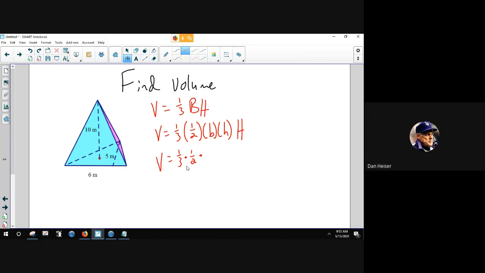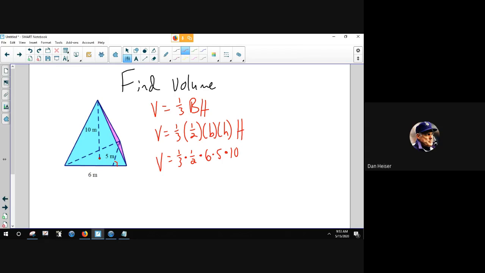For the base of our pyramid, this triangle, we have this base value here. This should have been marked as a right angle. So that's the height of our triangle that makes up the base. So our triangle is 6 by 5.